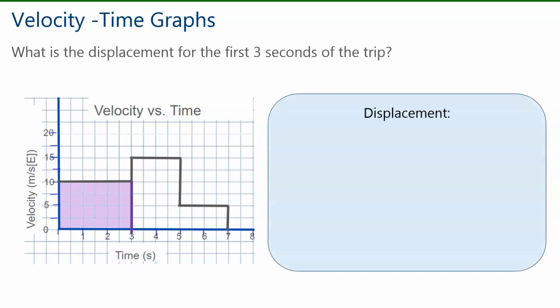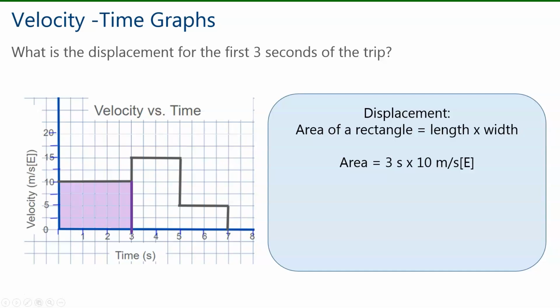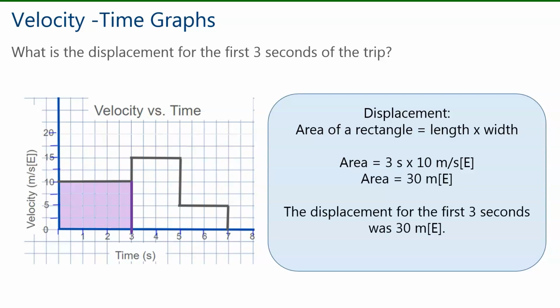So now, to calculate the displacement, we need to find the area of a rectangle. Formula is length times width. So we have 3 seconds is our length, times 10 meters per second east is our width. That gives us 30 meters east. Our seconds cancel out. The displacement for the first 3 seconds was 30 meters east.